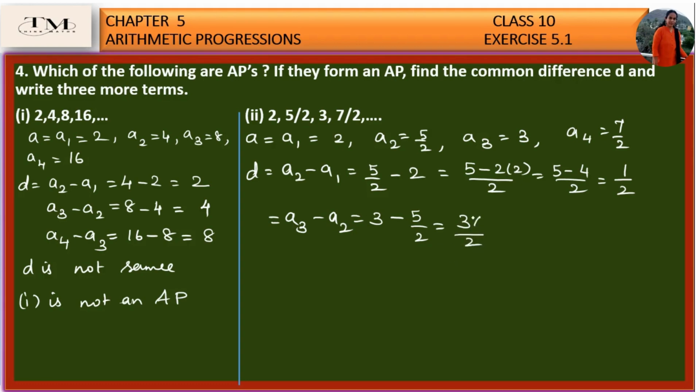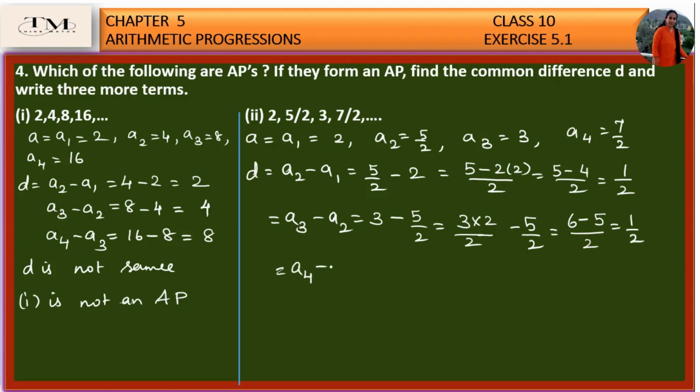You should multiply by 2 in the numerator to make it 3, so multiply and divide by 2. Minus 5 by 2. So the denominator is same for both, and you can take 2 as LCM. Then it is 3 2s are 6 minus 5. 6 minus 5 is 1 by 2.